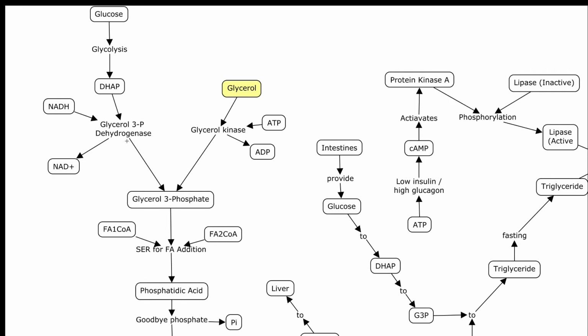Remember when we had NADH that was made during glycolysis, but we needed to get those electrons into the mitochondria, we drop them off to DHAP to make glycerol 3-phosphate because that could cross the membrane. Likewise with glycerol in the liver, that's just going to use glycerol kinase to phosphorylate our glycerol. And again, this enzyme I believe is only found in the liver and therefore maybe a little bit in the kidneys, but pretty much the liver.